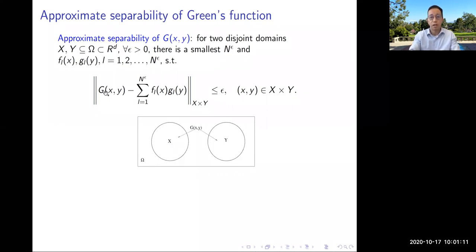Again, you see, in general, if it's intrinsically a two variable function, and the variation in x, y can be as wild as can be, this cannot be small. But if this is not too far from a one-dimensional, two-dimensional, three-dimensional function, then what it says is this N epsilon can be 2, 3, 4, and then you can find the appropriate f_l and g_l, which is a big challenge too, but at least you know you can approximate it by a few separable representations.